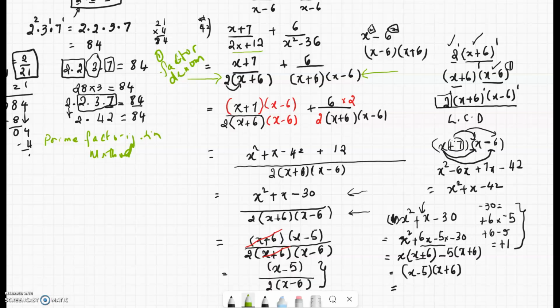Look at the largest exponent for each factor, pick that, and you get your least common denominator. And of course, combine the expressions. At the end, make sure the numerator is factored and the denominator is factored. And if something cancels, you cancel it and present your answer in the lowest terms.